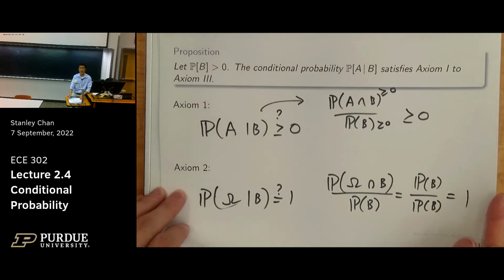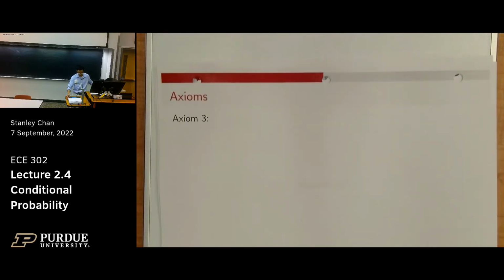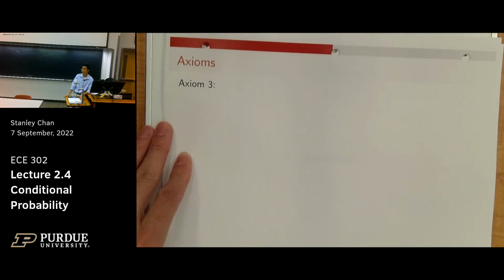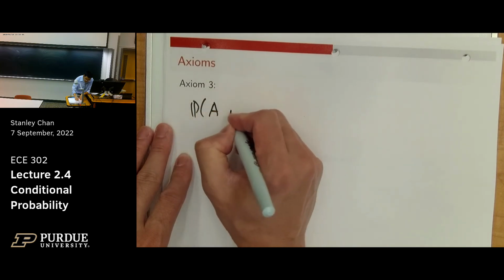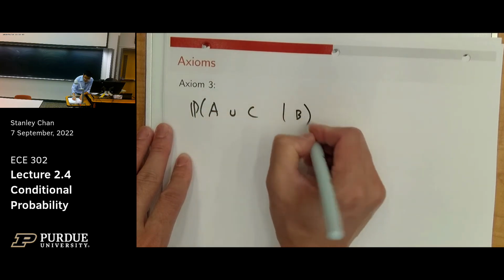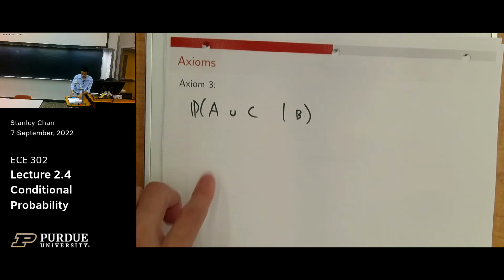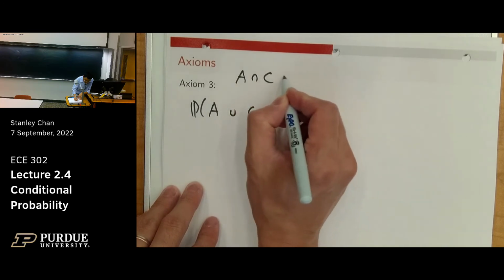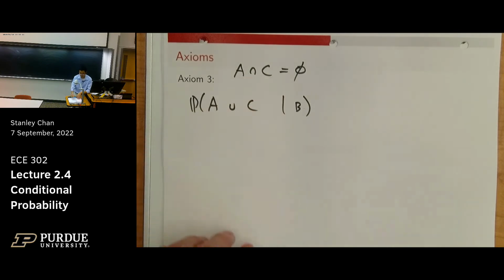How about the third axiom, which is the additivity axiom? The additivity axiom says that I consider 2 events A and C. So the probability of A union C given B. Now B is always given, always fixed, and A and C are disjoint. So you assume that A and C, when you take the intersection, give you an empty set.